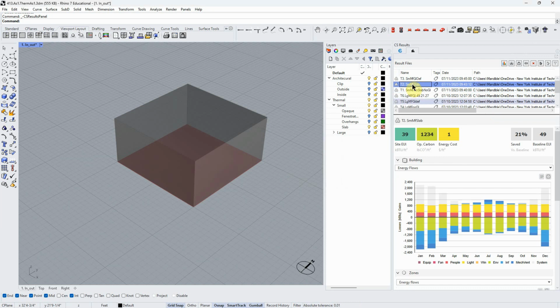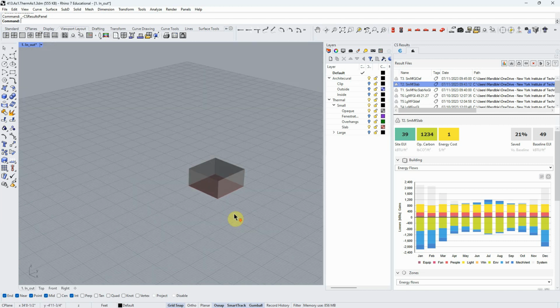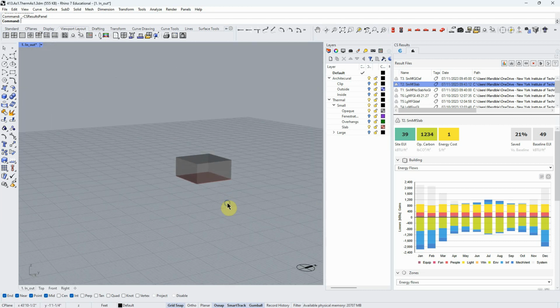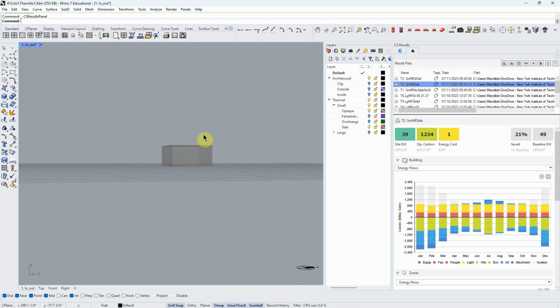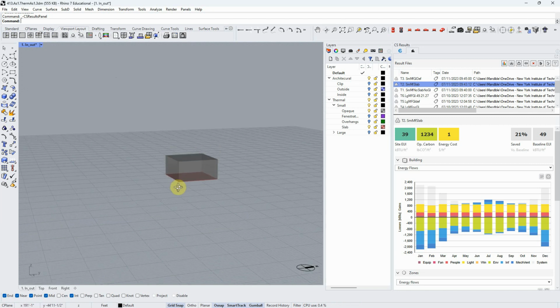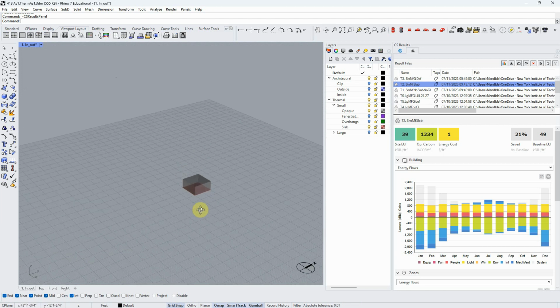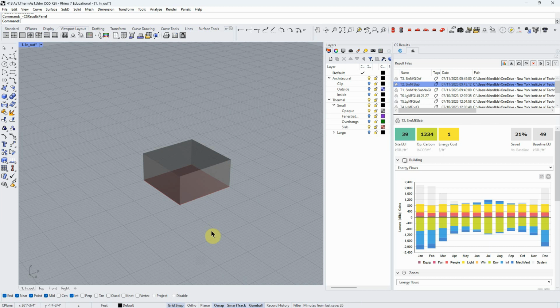Why would we have a lower EUI with the slab? Well, our common sense answer is this. If we're in New York, inside the building, let's say we want to be 70 degrees Fahrenheit. Throughout the year, the temperature outside is going to go well above and below 70 degrees Fahrenheit.